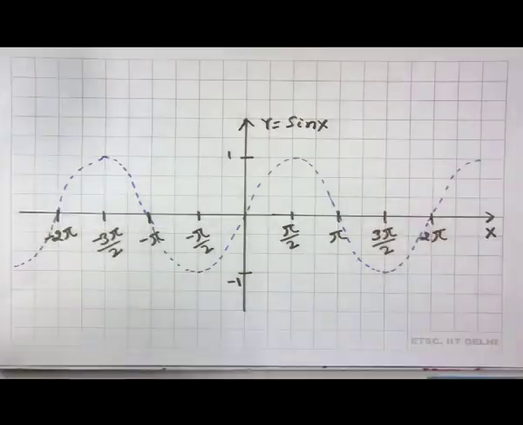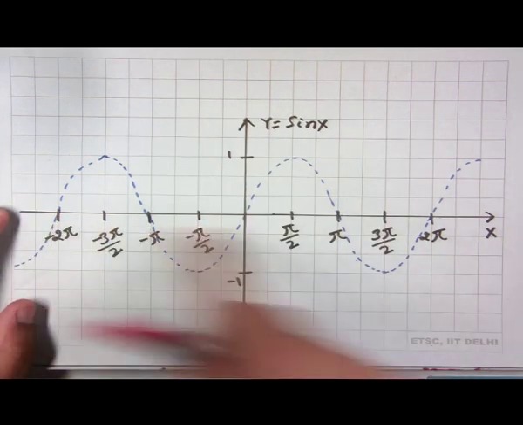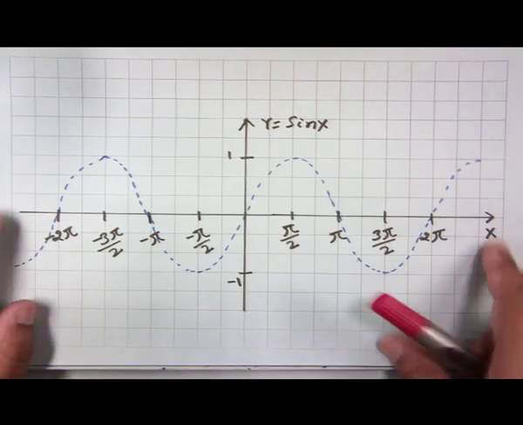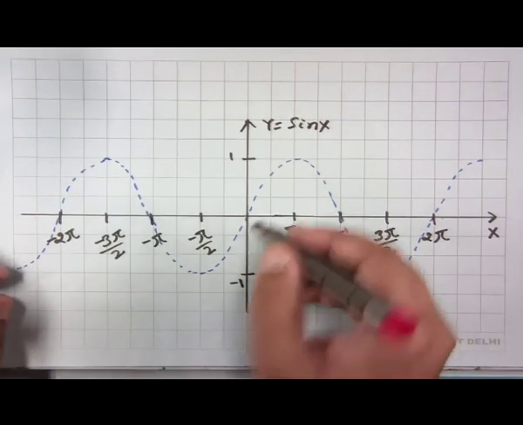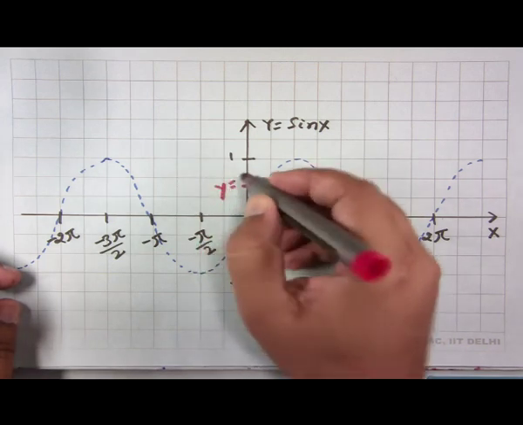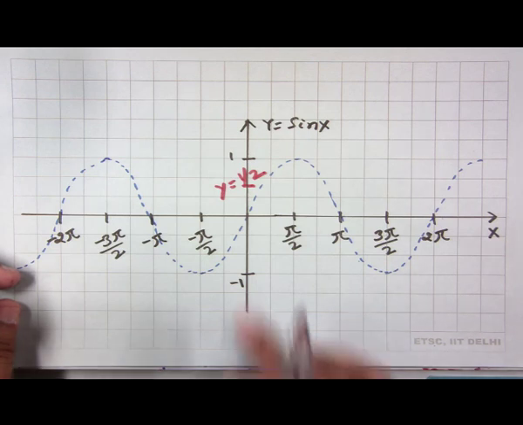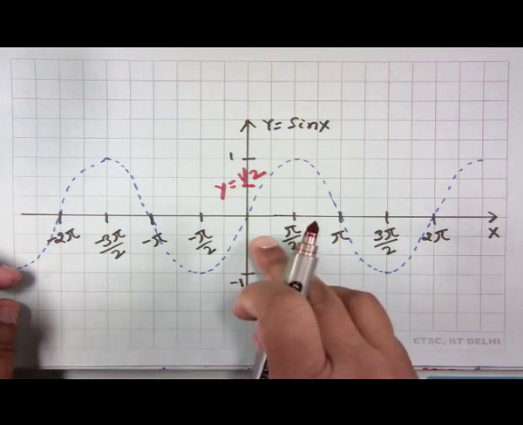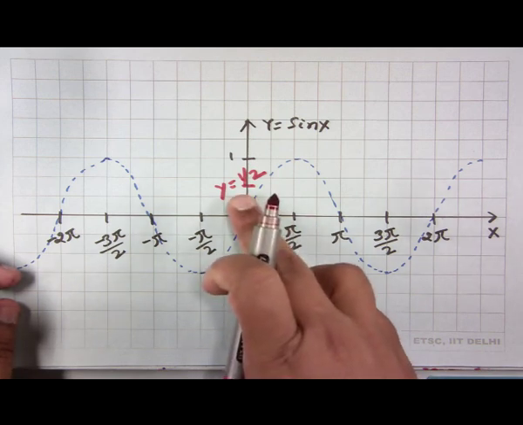Here on this slide I have plotted the graph of sin x on the vertical axis, and x is on the horizontal axis. Let us say that we have y equal to half, and we are trying to find all those x such that sin x is equal to half.